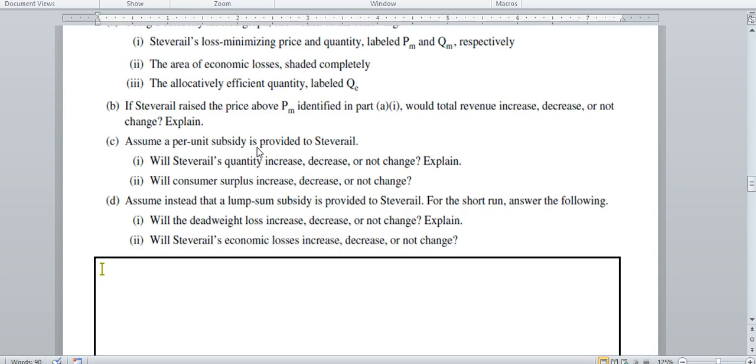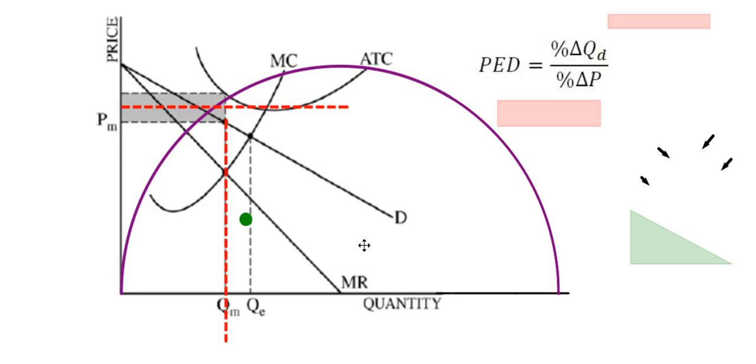Well, when we have a per unit subsidy, that's going to affect our marginal cost because it's per unit. So we can think about it like this. We can go back here and think about our marginal cost curve shifting to the right. So our point right here moves from here to, let's say, about right here.